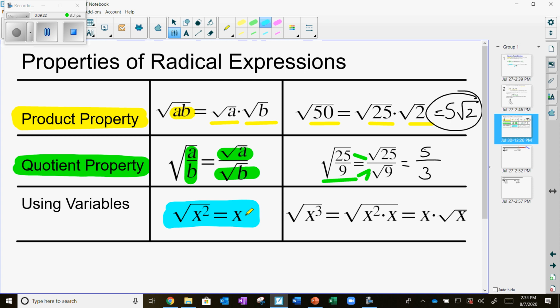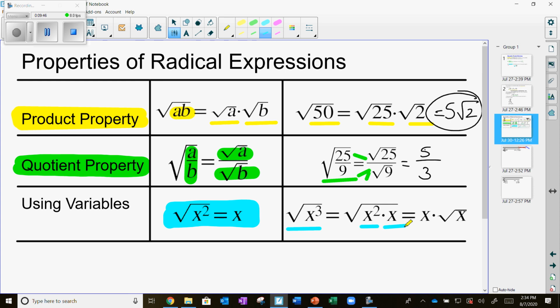So how can we apply that along with maybe one or both of the properties that we've already talked about? Well, we're going to look at, say, the square root of x cubed. The square root of x cubed could be rewritten using smaller exponents, so smaller numbers. So we could write it as the square root of x squared times x.